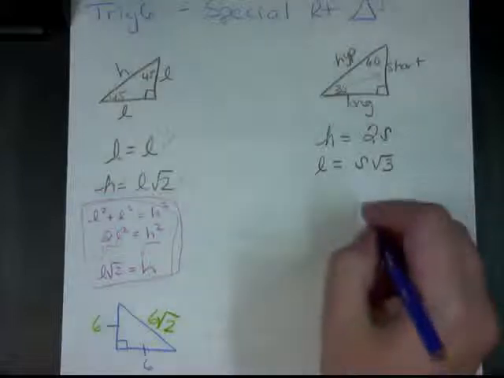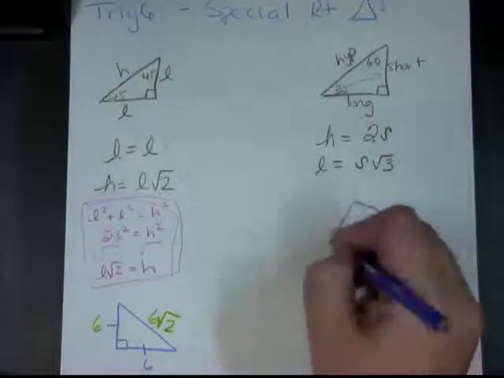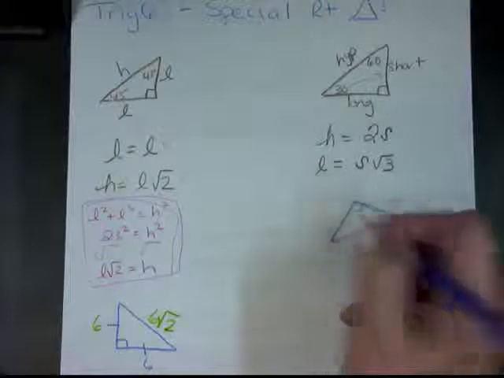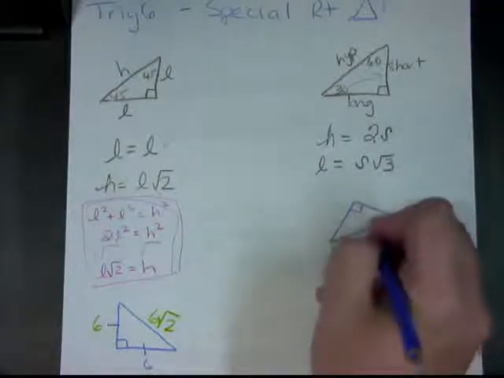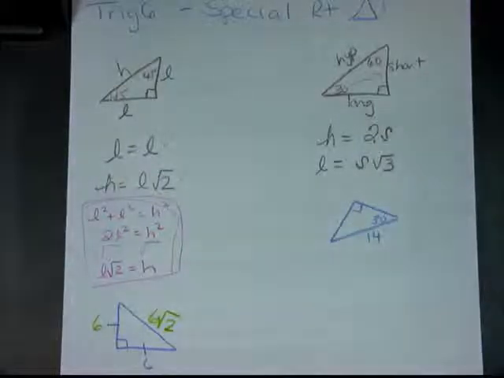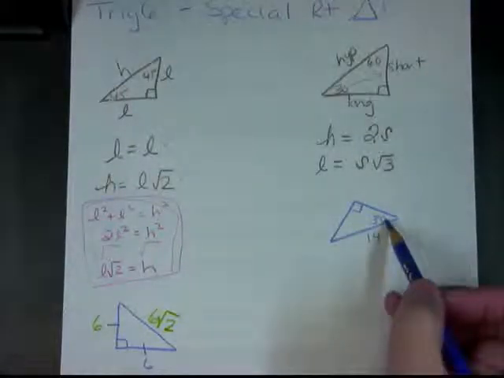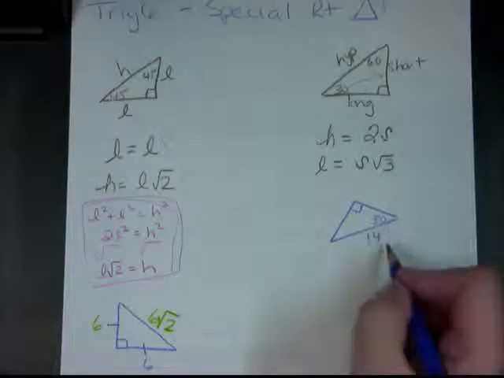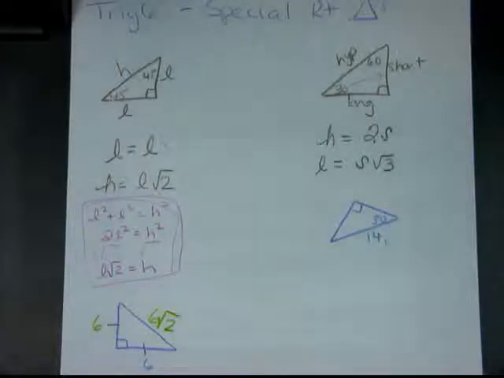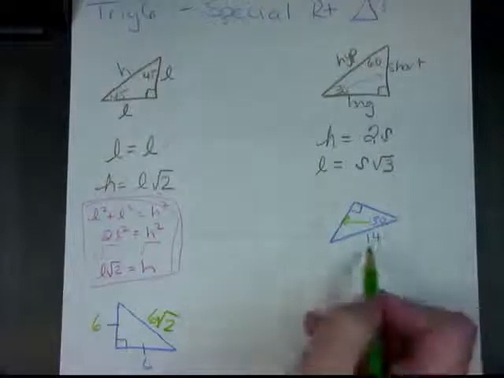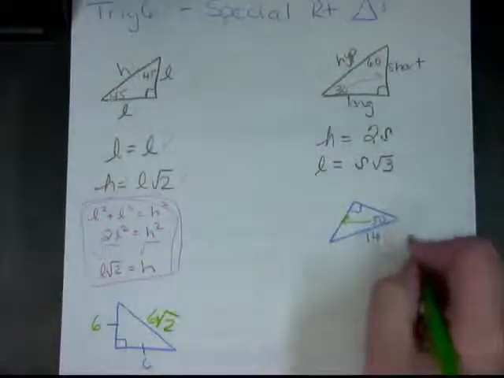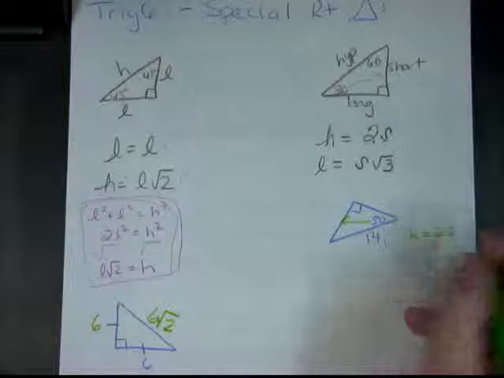Okay, so let's look at a picture. Here's a 90-degree triangle. The 30 degrees, 14 is the hypotenuse because it's across from the 90. So that means my short side, which is across from the 30, is half, because if I look here, the hypotenuse is twice the short.